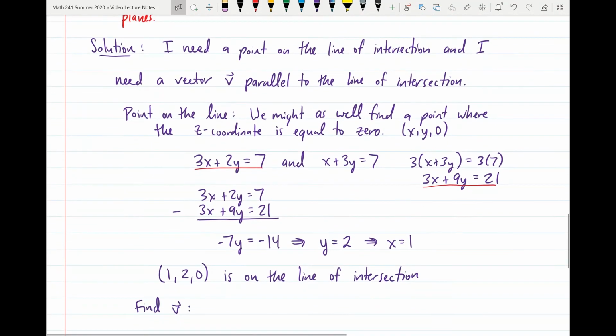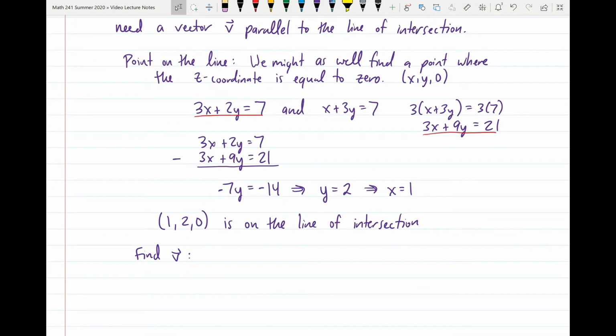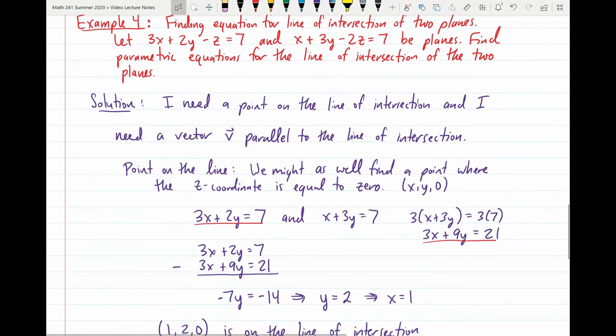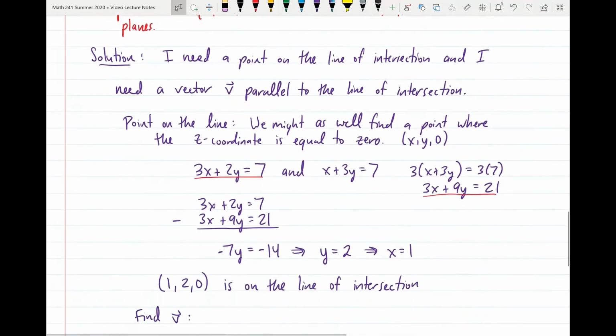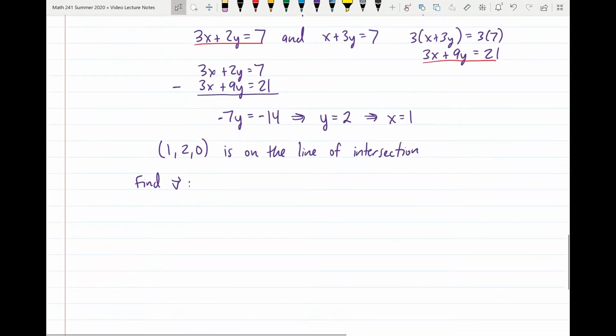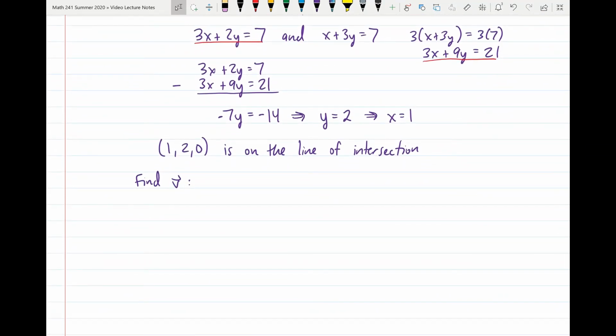It's going to be orthogonal to both of them, or perpendicular to both of them. So if we can find a vector that is orthogonal to both of the normal vectors of our two planes here, then that vector is going to be parallel to the line L.